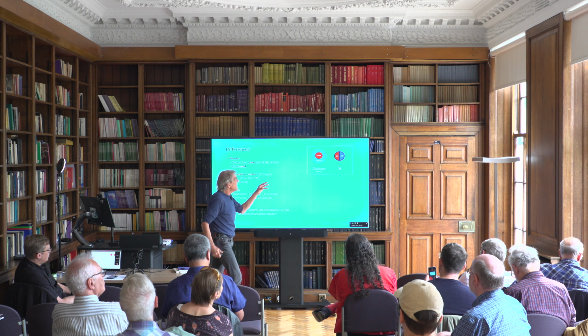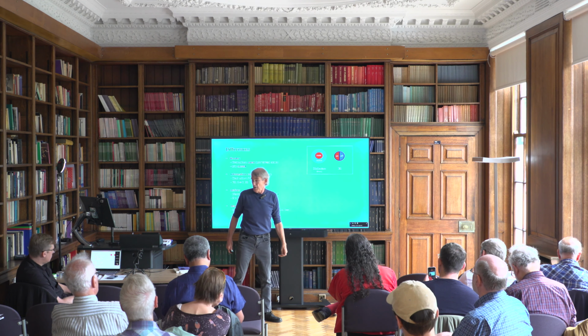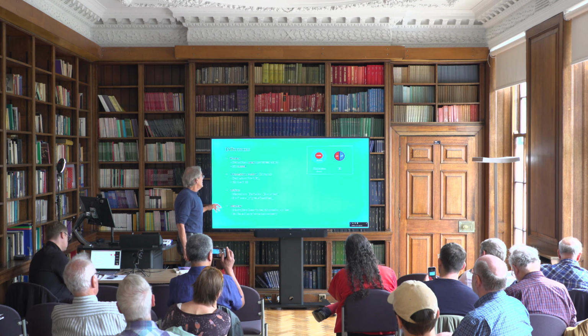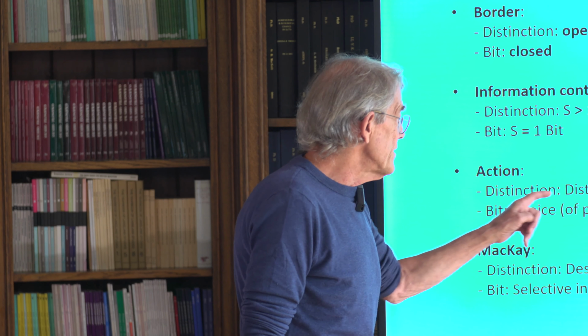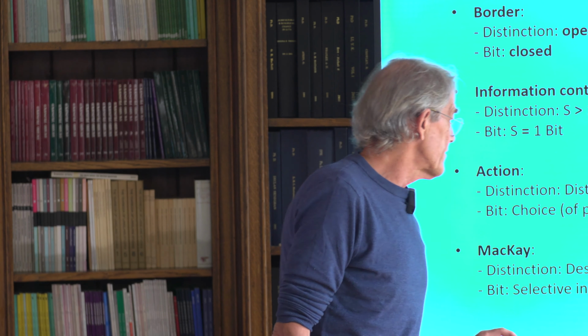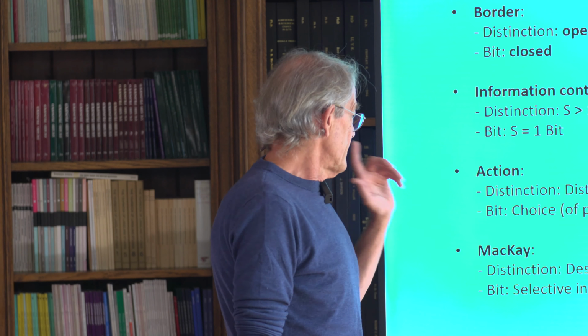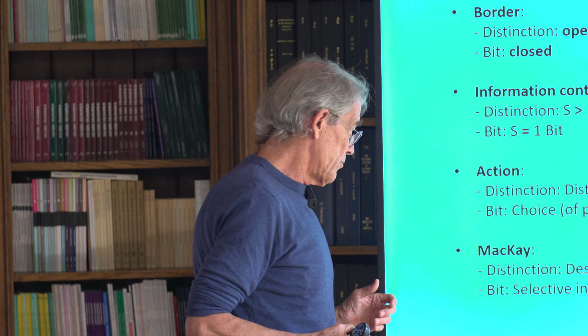That's the reason why the entropy of a distinction is always higher than one. The action is also different, and the distinction is important in my view to have context. The choice here is just between two, so it has no border.